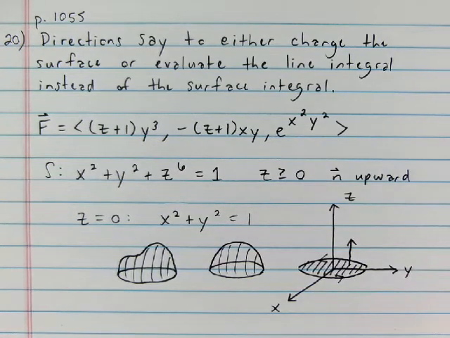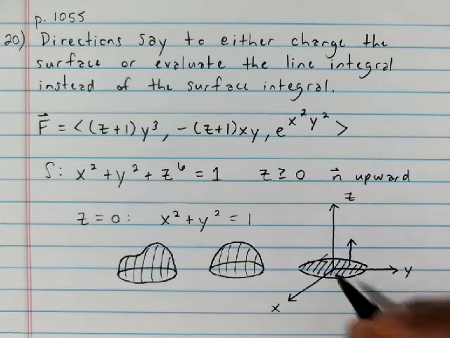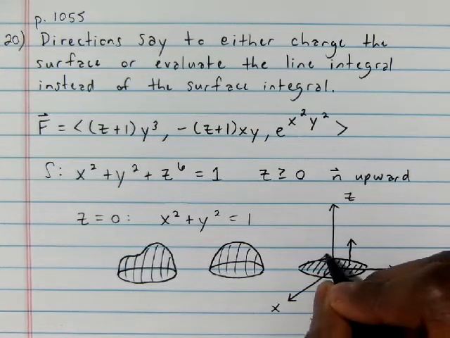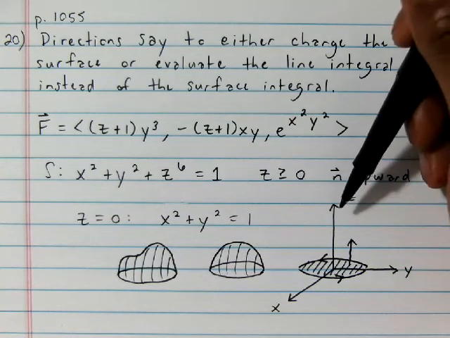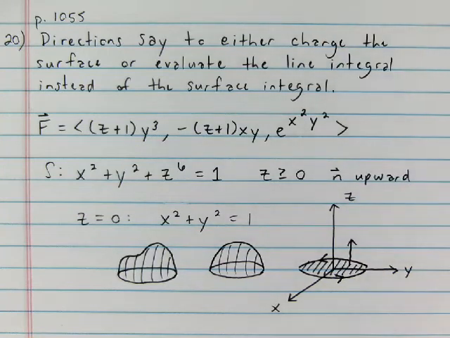Often when you see a question in the book, they'll say the boundary curve is directed in the counterclockwise direction when viewed from above. So if you could look down the z-axis directly at that surface, it would have a counterclockwise orientation when viewed from above. Sometimes you'll see that in the wording of some of the problems.